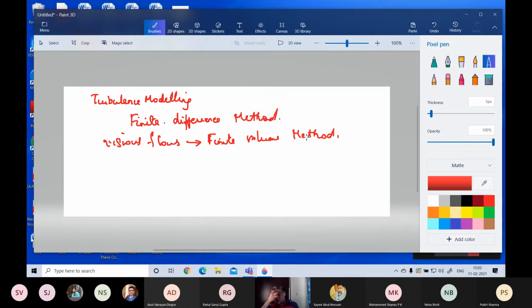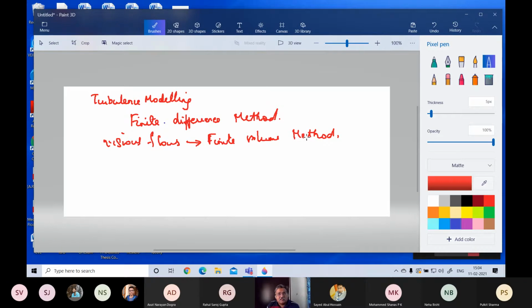So maybe tomorrow or at least next week, we will start with the finite volume method. We will be doing the discretization, and see how the equations come about. But before we do that, you need to have some idea. I'm not going into any detail, because there are many books on turbulence modeling which will take you to great depths.